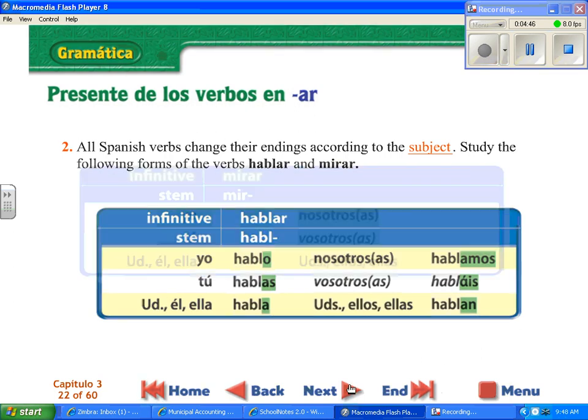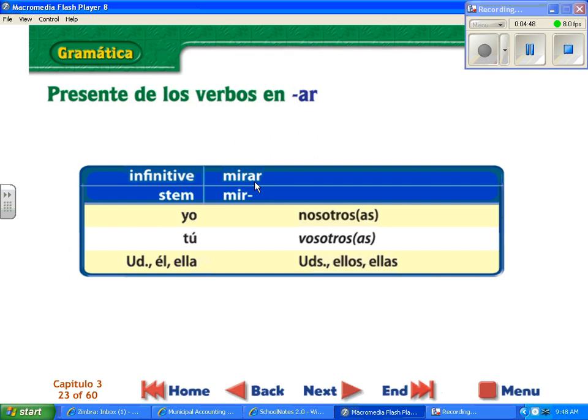Let's practice the verb mirar, to look at. Please repeat after me. Yo miro. Tú miras. Usted mira. Él mira.